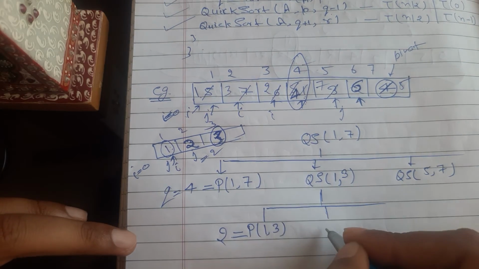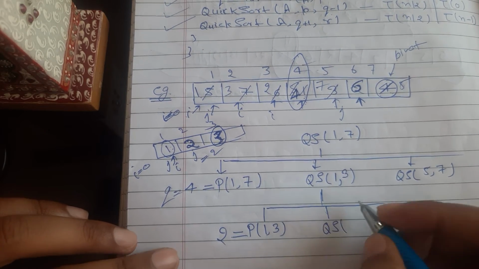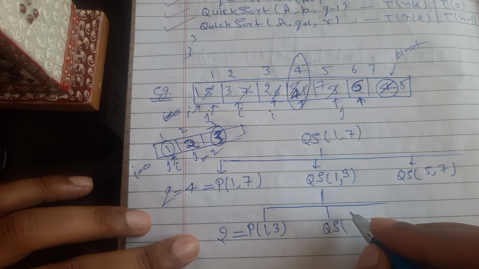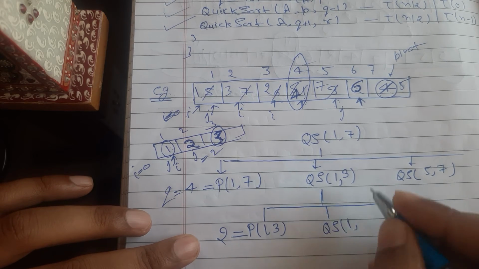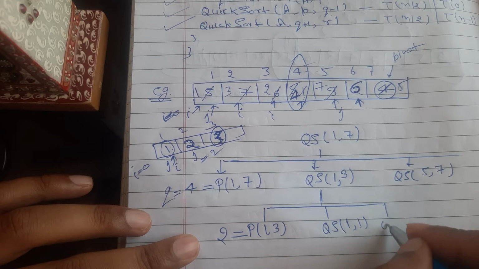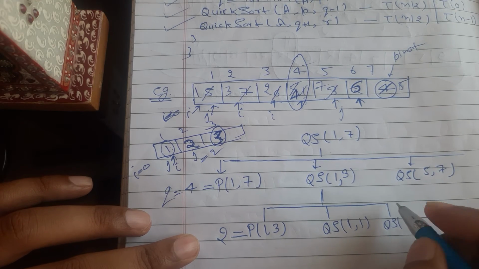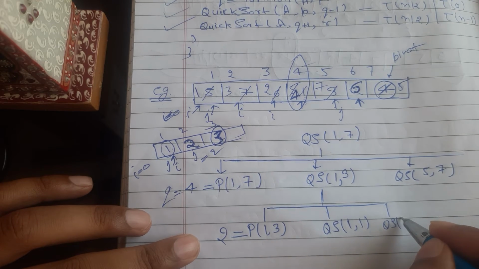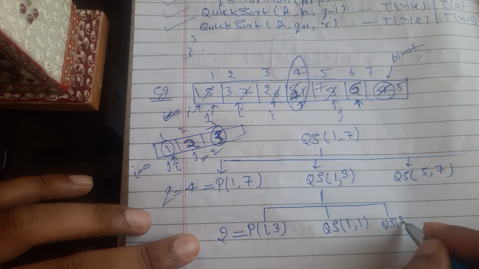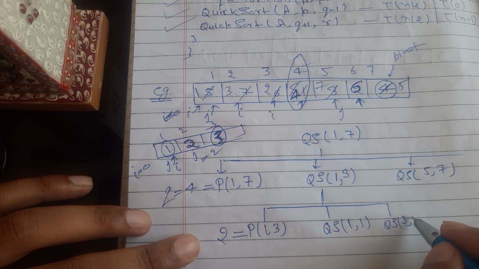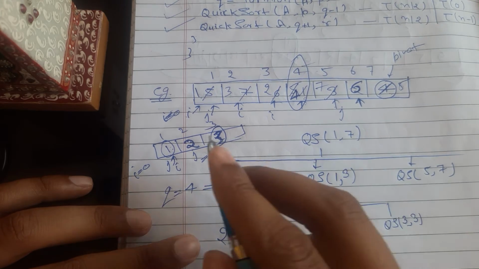Then we again apply the quick sort on p, p is 1 and q minus 1, 1 comma 1, and again we apply the quick sort on q plus 1 is equal to 3 comma 3.